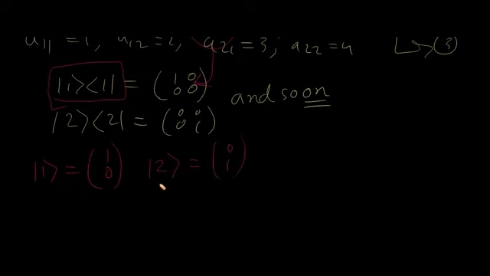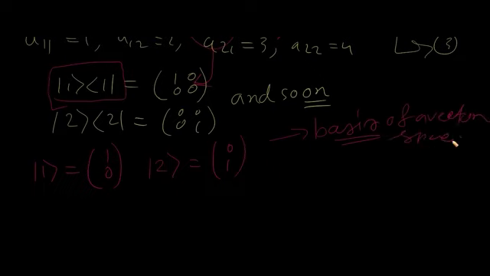Why am I saying this? This will be clear when we discuss something called a basis of a vector space. I'm not justifying why I have written it like this, because it's related to the basis thing.